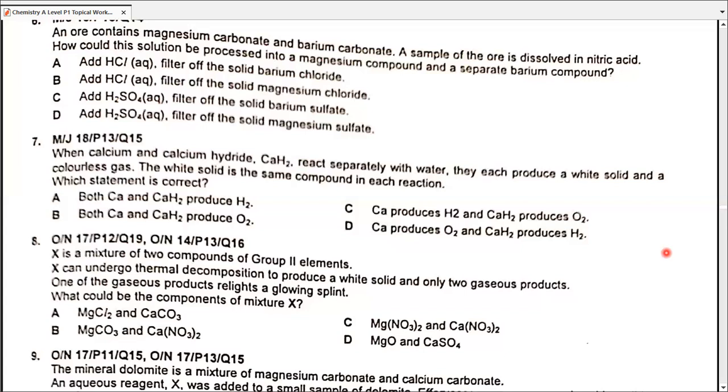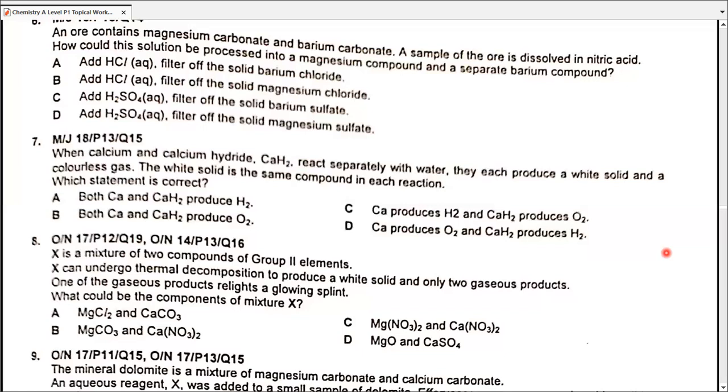Both calcium and calcium hydride produce H2. Both calcium and CaH2 produce O2. Calcium produces H2 and CaH2 produces O2. Calcium produces O2. A. A. That is right.